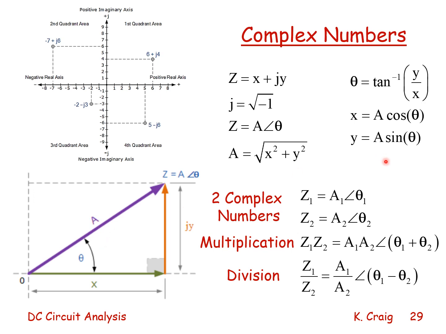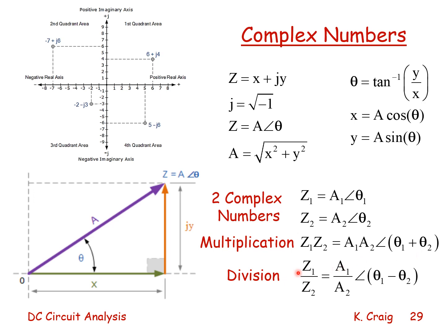Representing complex numbers using this polar representation, we can then take two complex numbers, here Z1 and Z2, with magnitudes A1 and A2 respectively, and angles theta1 and theta2 respectively. When we multiply them together, we multiply the magnitudes and add the angles.